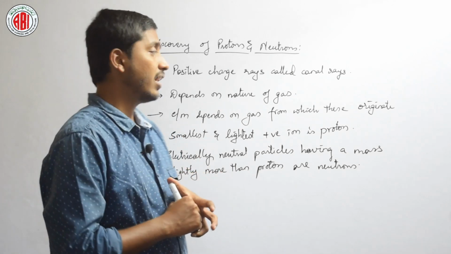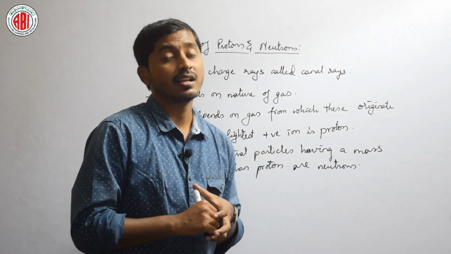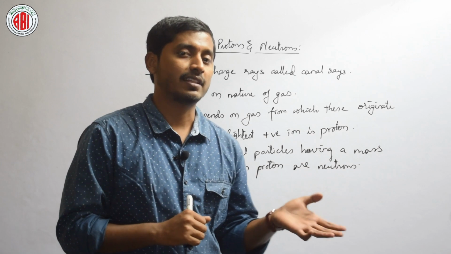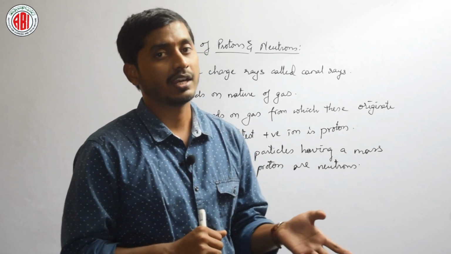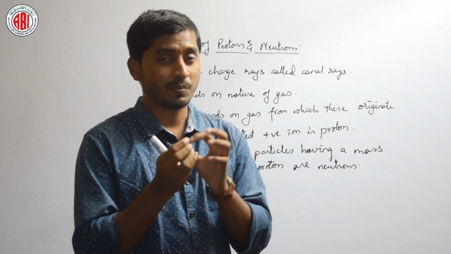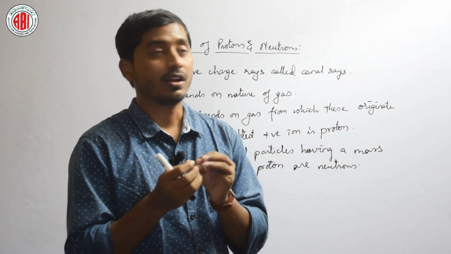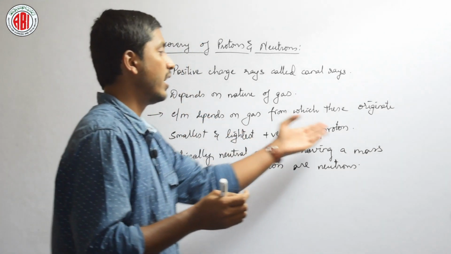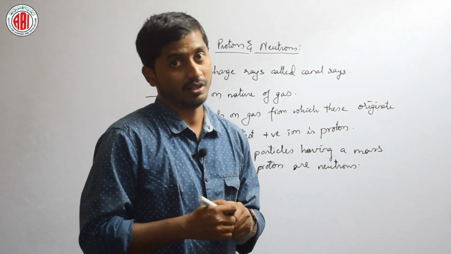And there is one more thing, that is a neutron, right. Is it clear? What is an electron? A negatively charged particle is called an electron, and the smallest and lightest positive ion can be called a proton, right.